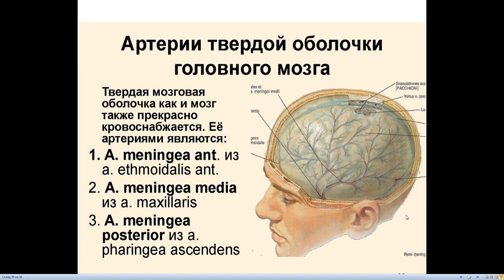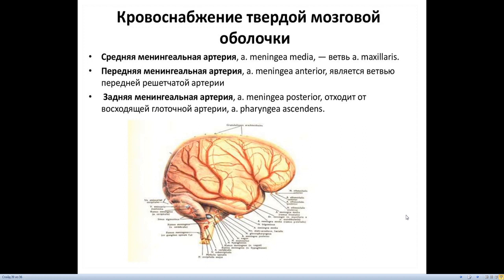Nerves of the dura mater are branches of the trigeminal nerve: from the ophthalmic nerve, the tentorial branch; from the maxillary nerve, ramus meningeus medius; and from the mandibular nerve, ramus meningeus spinosus, which travels together with the middle meningeal artery through the foramen spinosum.